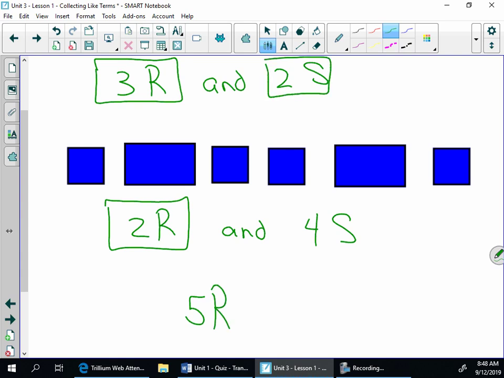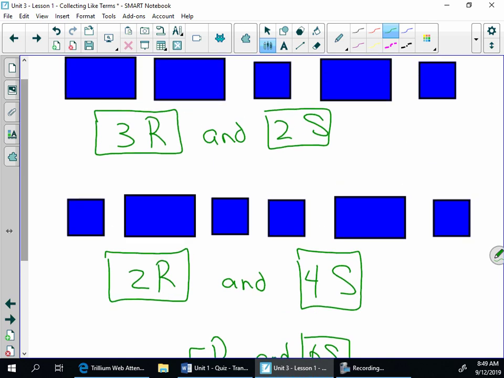And I had 2 squares and 4 squares, which means I had 6 squares. And I could go back and actually count them if I really wanted to, but why would you want to waste the time counting 1 square, 2 square, 3 square, 4 square, 5 square, 6 square if you have an expression that already describes them? All you got to do is put them together.